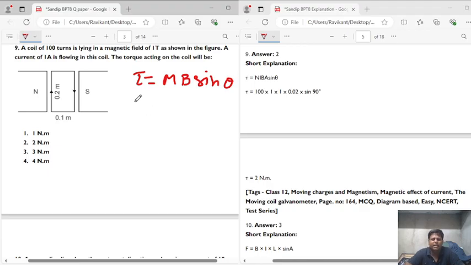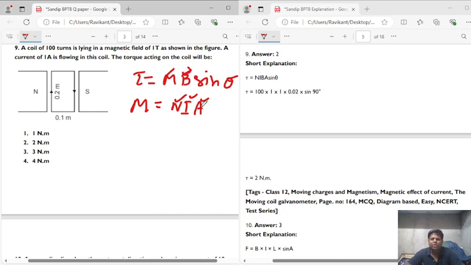And what is M? M equals NIA, where N is the number of turns, I is the current in the loop, and A is the area of cross section of the loop. B is the magnetic field in which the loop is placed, and theta is the angle between the magnetic moment and the magnetic field.